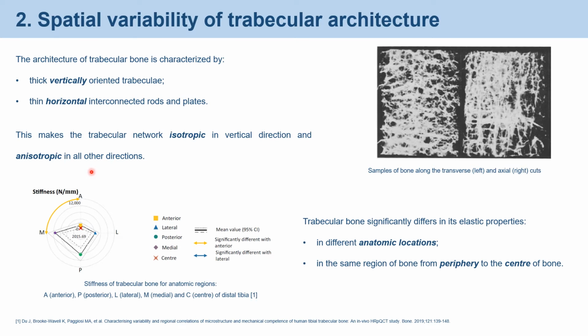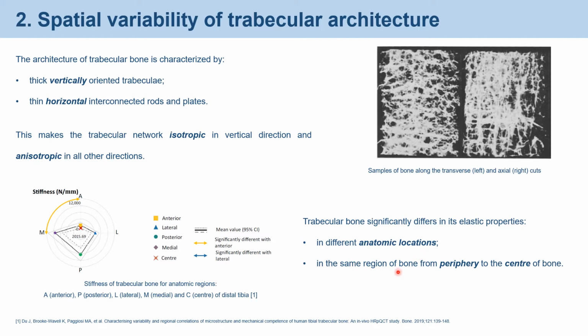And in addition, trabecular bone significantly differs in its elastic properties firstly in different anatomic locations, for example in the vertebral bodies, which mainly act as bearing columns of body weight, compared with a sternum bone, which has mainly protective functions. The elastic properties in these two different bones will be different.